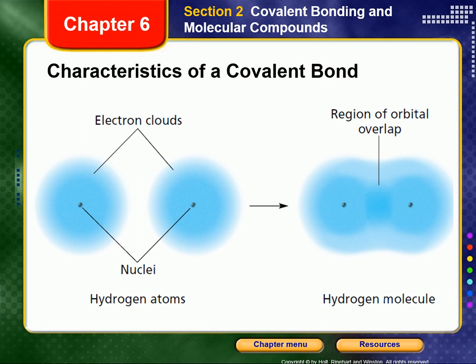Therefore, each electron can feel the attraction of both nuclei. The result is an increase in electron density between the nuclei. The bonded atoms vibrate a bit, but as long as their potential energy remains close to the minimum, they are covalently bonded to each other.